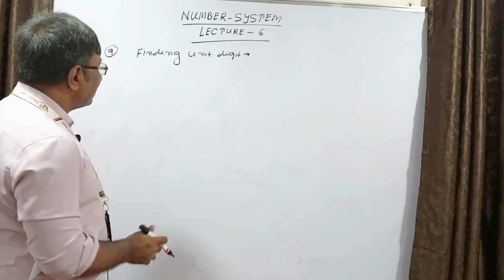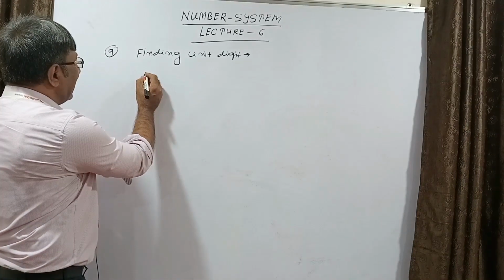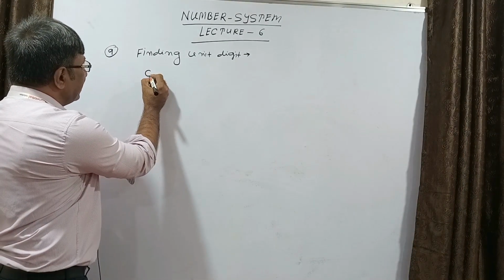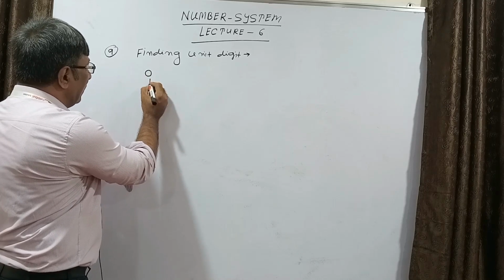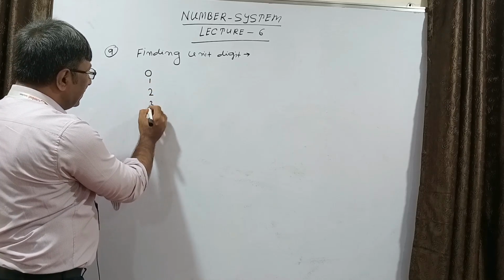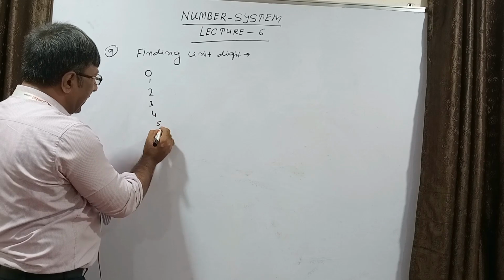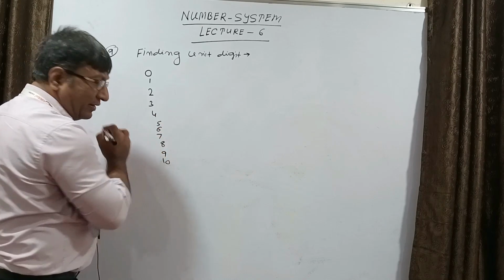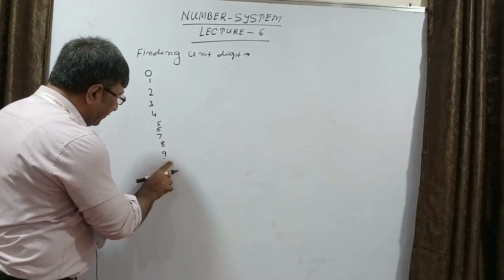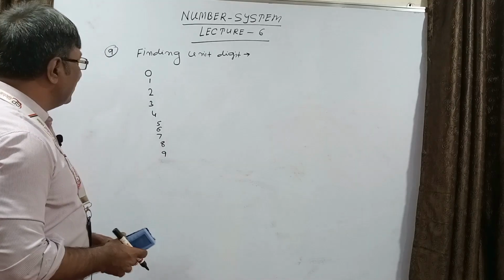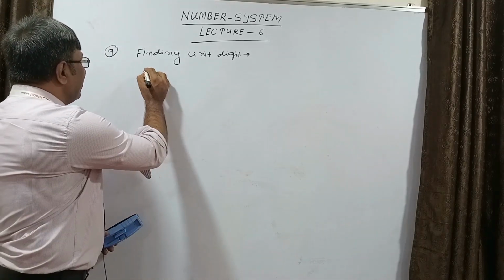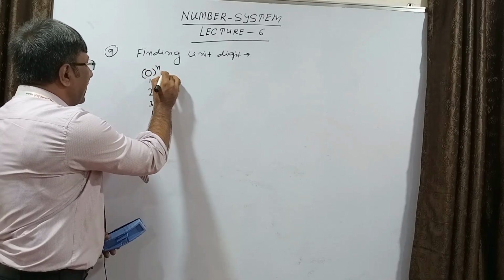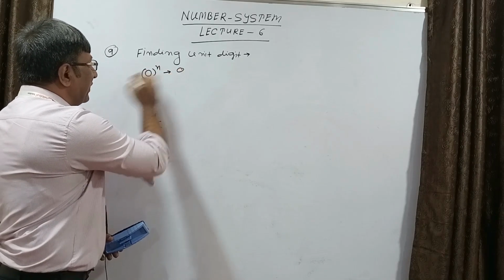Just a recap of this: the total number of digits is what? That is 0, 1, 2, 3, 4, 5, 6, 7, 8, 9. We have done this concept in the previous class also. So now we know if there is a 0, any power of 0 gives only 0.